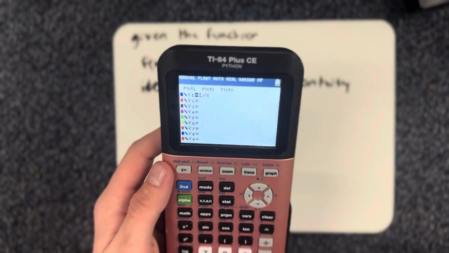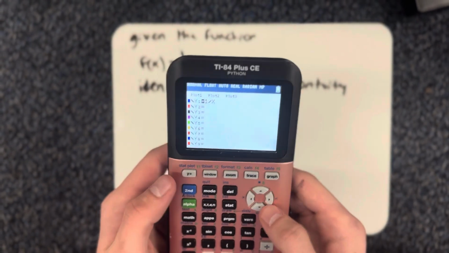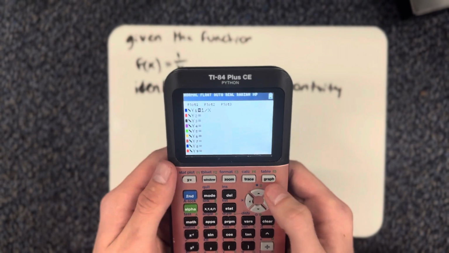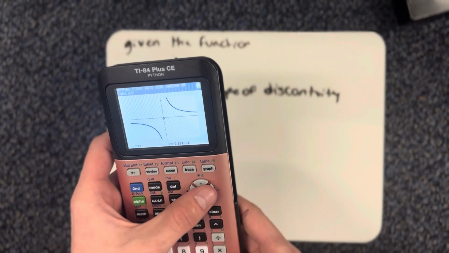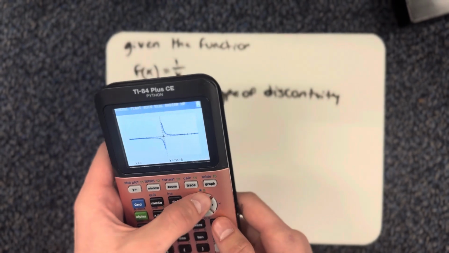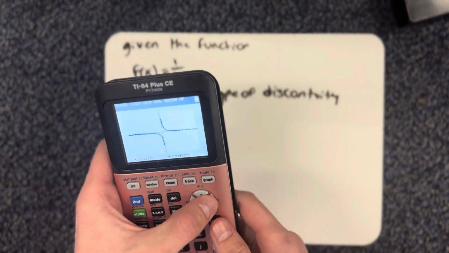To prove that there is an asymptote in this equation, plug in 1 over x and graph it, and you'll see that none of these lines touch 0 as they just continue to go up and down the side.